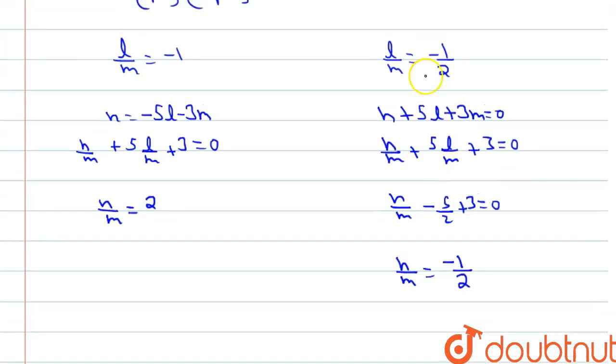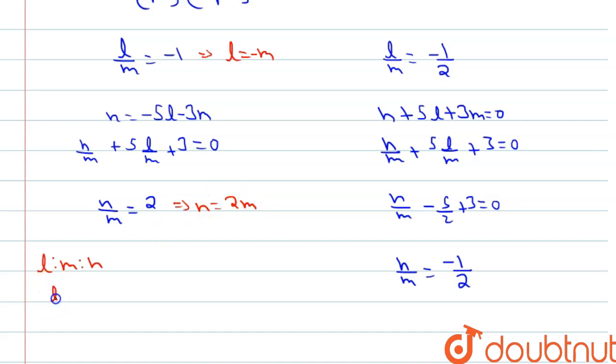Now we know the value of l by m, n by m for this case and for this case as well. Now here we need to find the ratio of l, m, n. So from here we can write l is equal to minus m for this case, and here we can write n is equal to 2 times of m here.